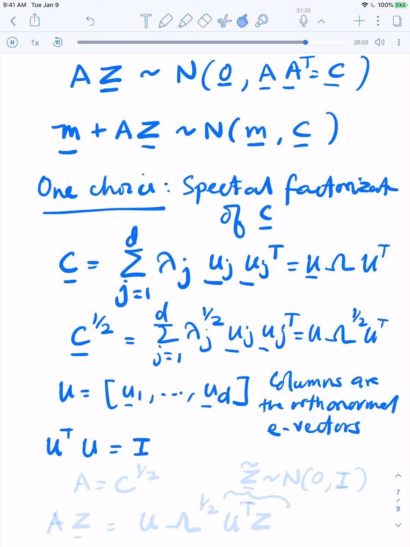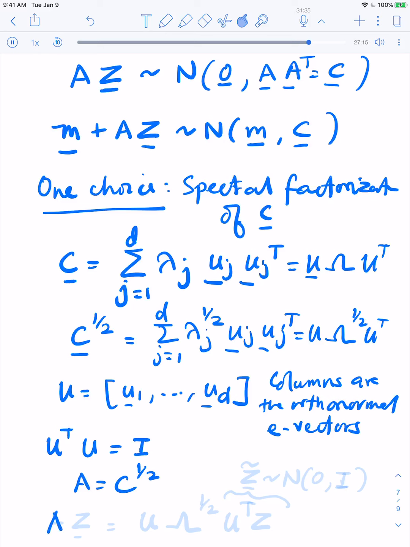That's the so-called spectral decomposition, and I can just take A to be C to the power of half, and it's pretty easy to see that A A transpose is going to be equal to C, right? So that's one possibility, and let's see what is actually happening then.